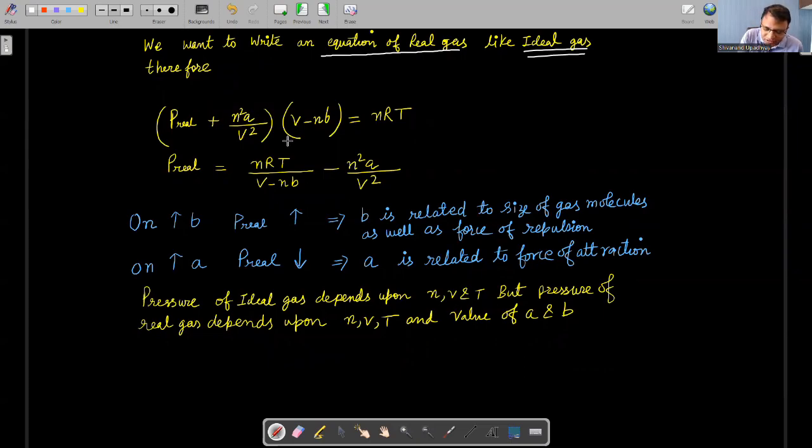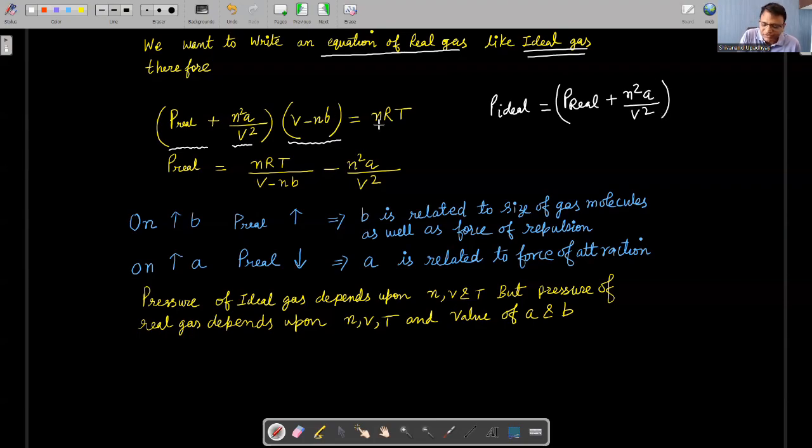For a van der Waals real gas, we want to write an equation like an ideal gas. In ideal gas, volume is free volume. And in the real gas, due to attractive forces, the pressure of the real gas will be less. If we do some pressure correction, then the pressure of the real gas becomes equal to the pressure of the ideal gas.